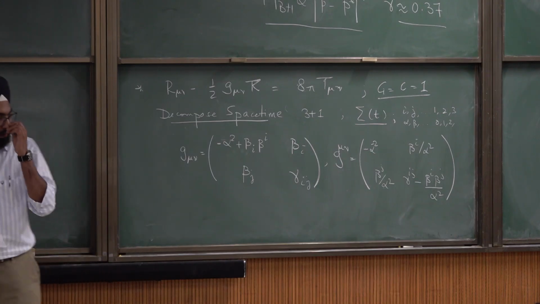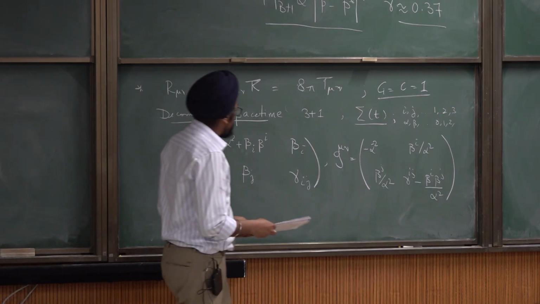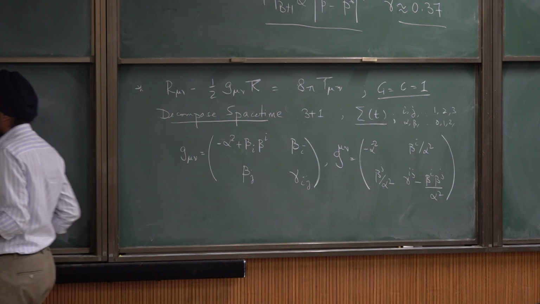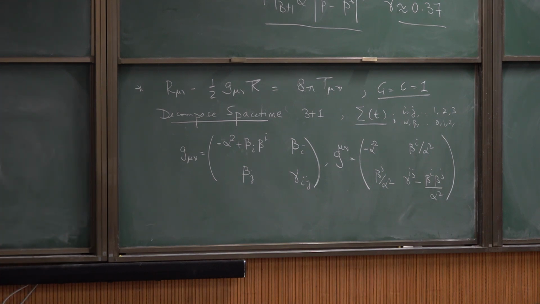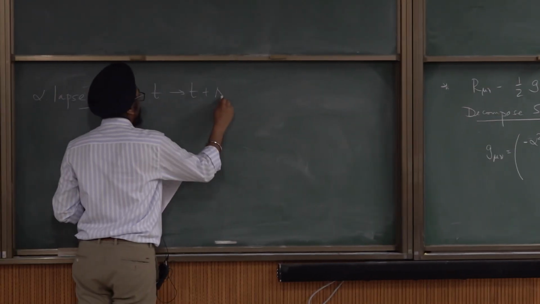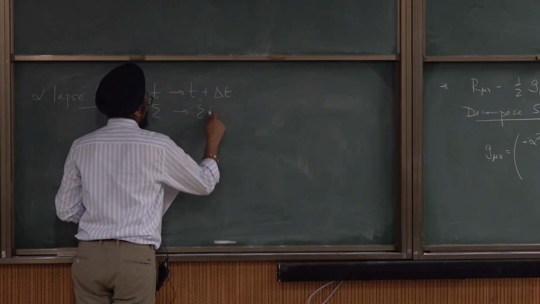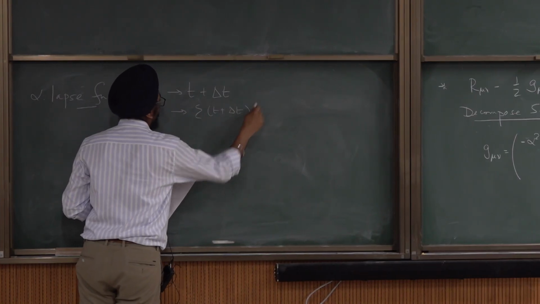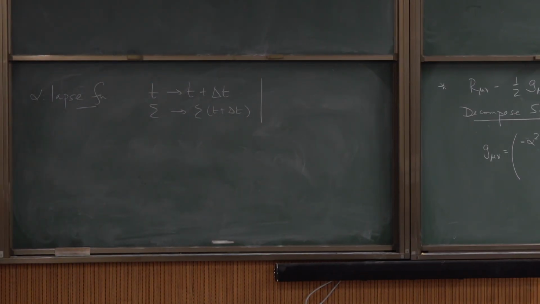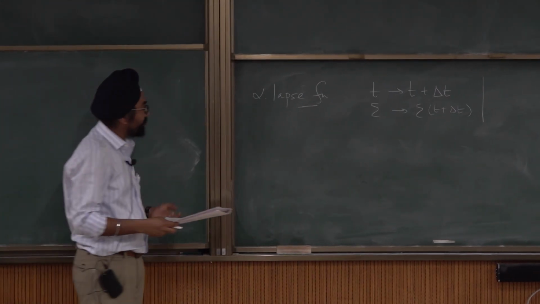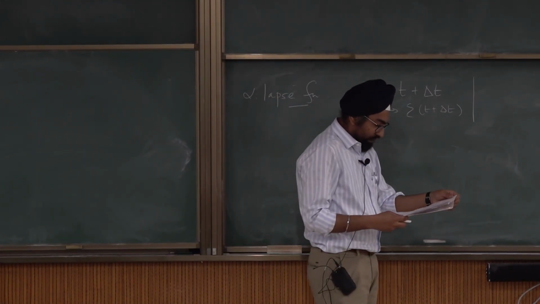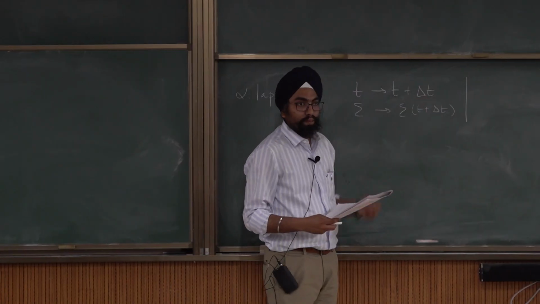Here alpha is known as the lapse function. It shows how much time elapses when you advance from the slice sigma t to sigma t plus delta t. That's the amount of time lapse given by alpha with every time step delta t.